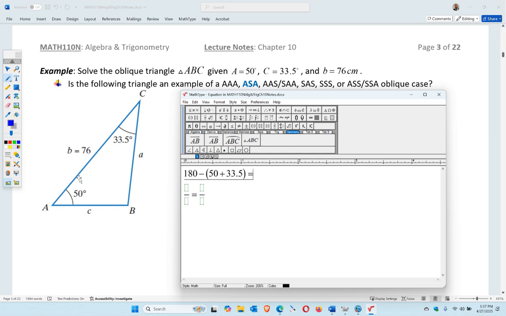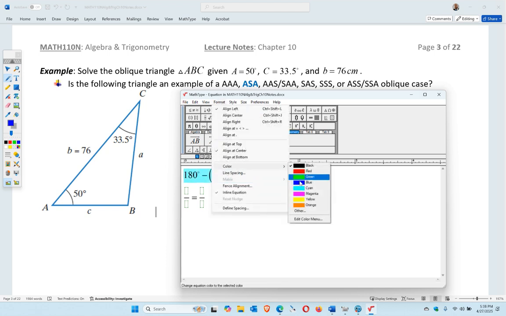Because all three of these angles together must be 180, right? So let's put the degree symbol in there. So let's see, that's going to be 50 plus 33.5 is 88.5. So if I subtract that, it'd be what, 96.5, right? So that'll be angle B. Yes, angle B.